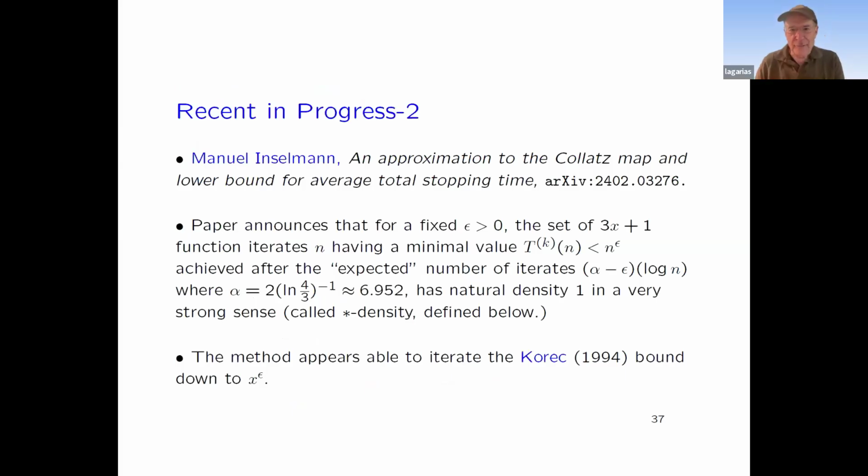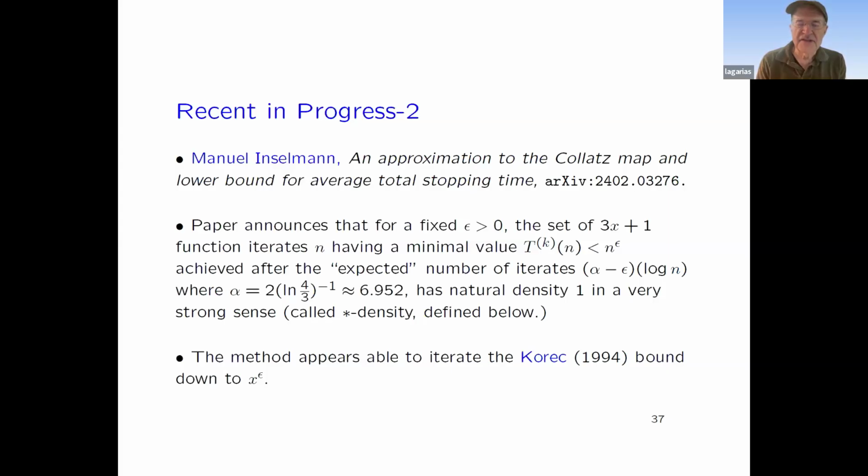Now I want to talk about recent in-progress results. This is a paper that's on the archive that is in peer review somewhere. And this paper asserts to show the theorem that tk to the n less than n to the epsilon occurs with natural density 1.